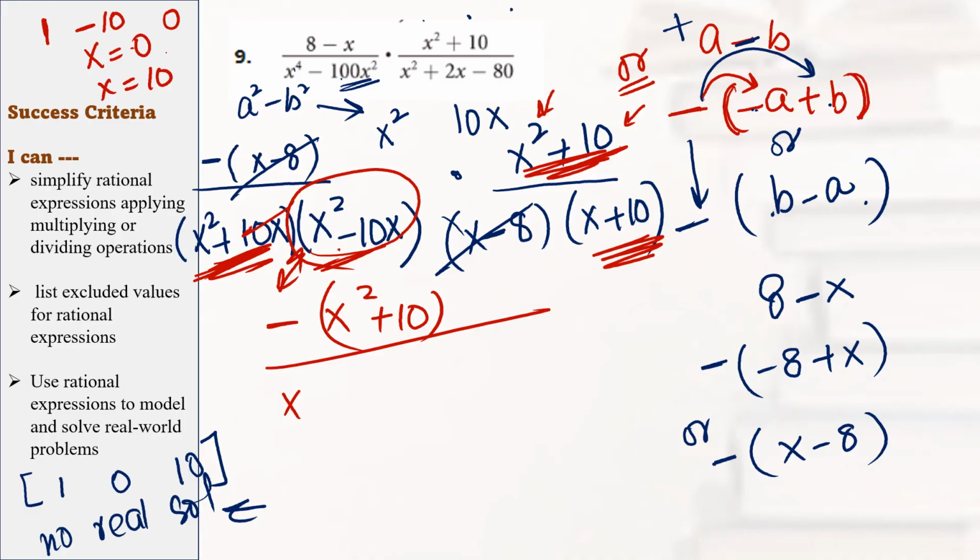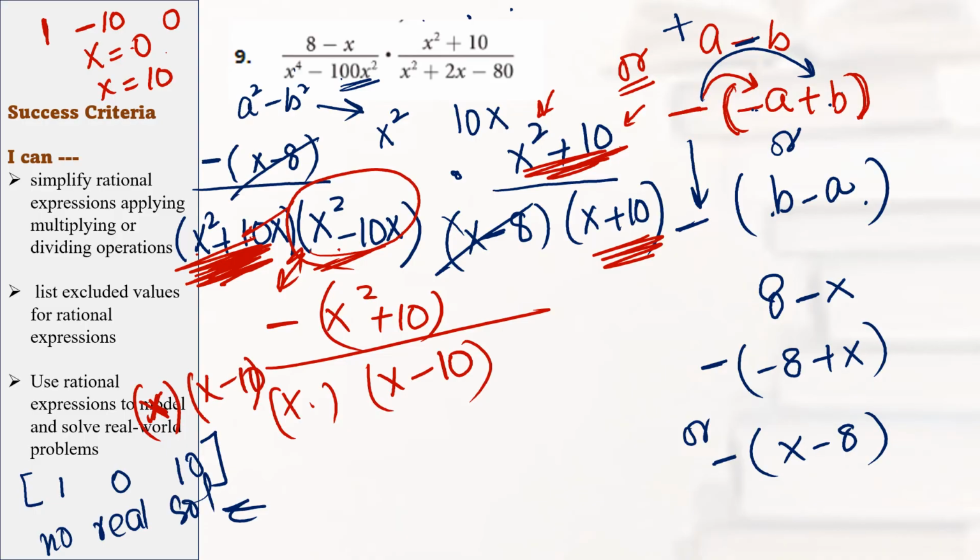So I can have a factor like this. For 0, I don't write anything, and for the 10, I will write x minus 10. If I write 1, negative 10 and 0, I will have the two answers. So one time I write the x because one answer is 0, and one answer is 10. So I will write x minus 10.